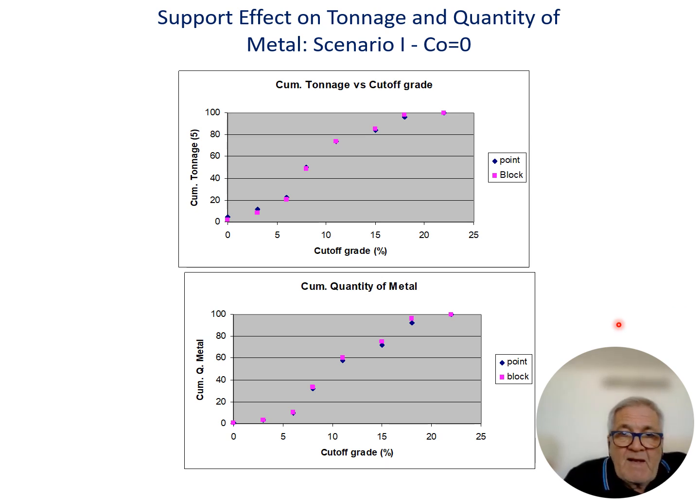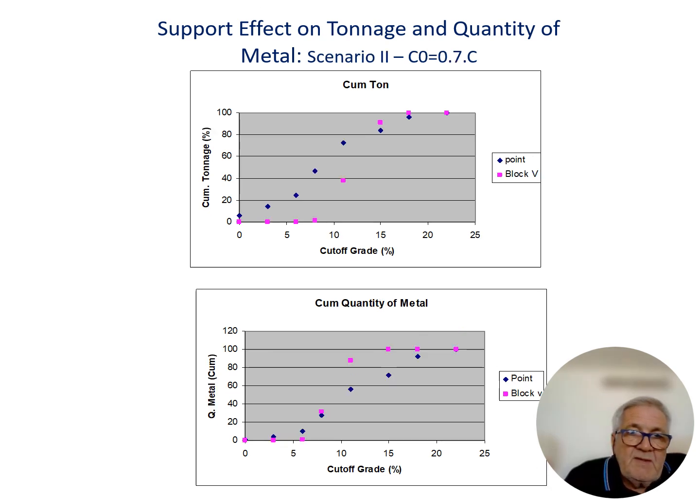Now let's see the other situation, the more chaotic, more unstructured, and you can see that the effect on tonnage and quantity of metal is quite strong. Now there's a huge difference between the point and the block in the tonnage recovery function, and as well in the quantity of metal.